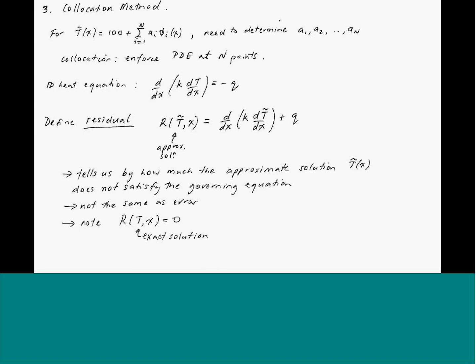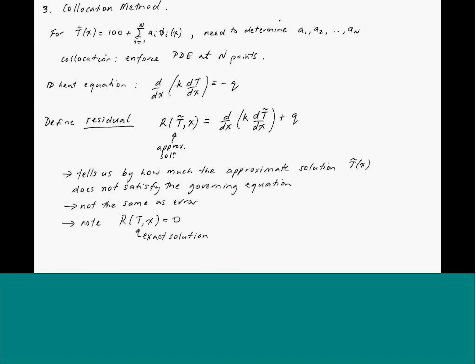We need now to determine the ai, A1, A2, up to AN, in this case just A1 and A2. Okay, so first question, how many conditions do we need to come up with?